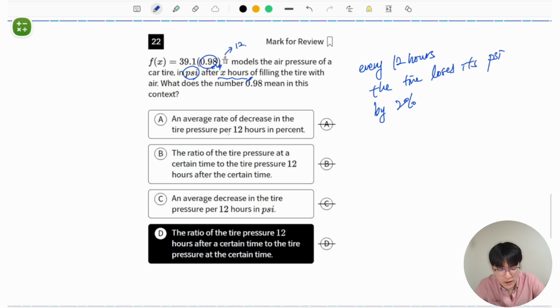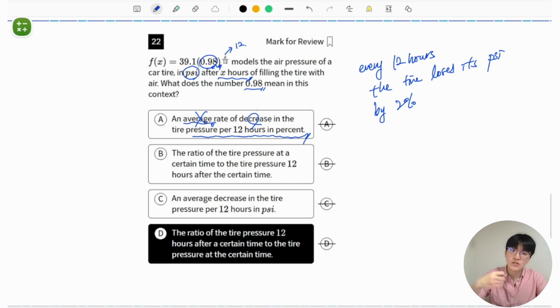An average rate of decrease in the tire pressure per 12 hours in percent. So we first do not know if it's the average rate. And although decrease is correct, the tire pressure per 12 hours in percent, 0.98 is not a percentage value.